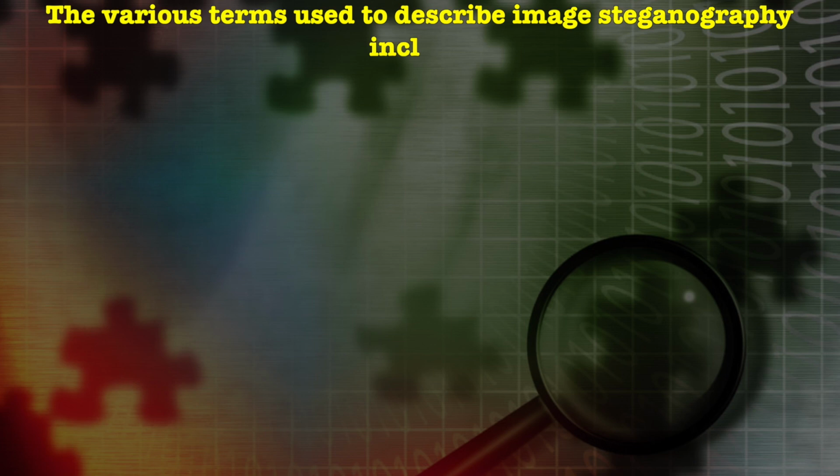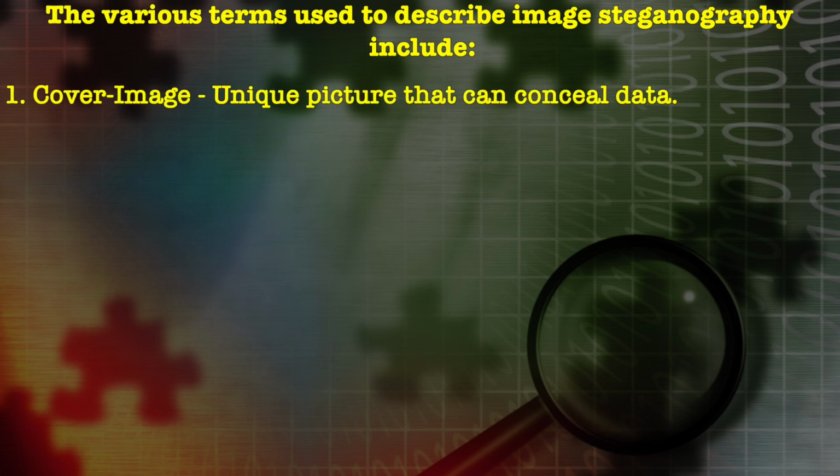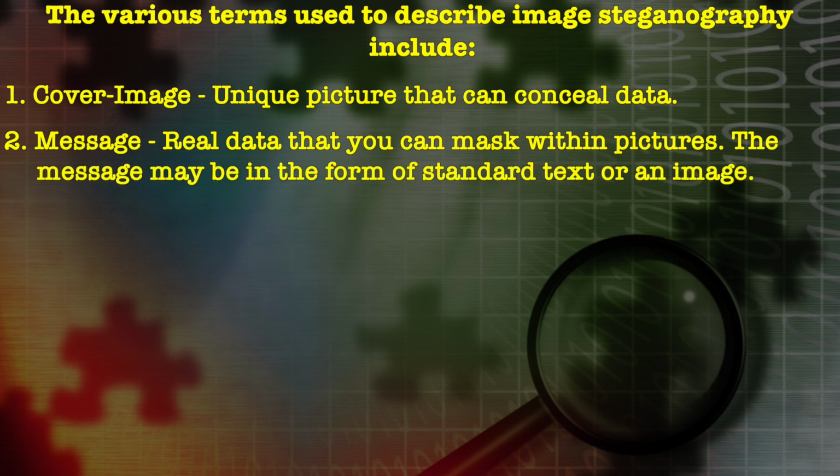Since the computer description of an image contains multiple bits, images are frequently used as a cover source in digital steganography. The various terms used to describe image steganography are: first, the cover image, a unique picture that can conceal the data. The next is the message, the real data that you can mask within a picture.